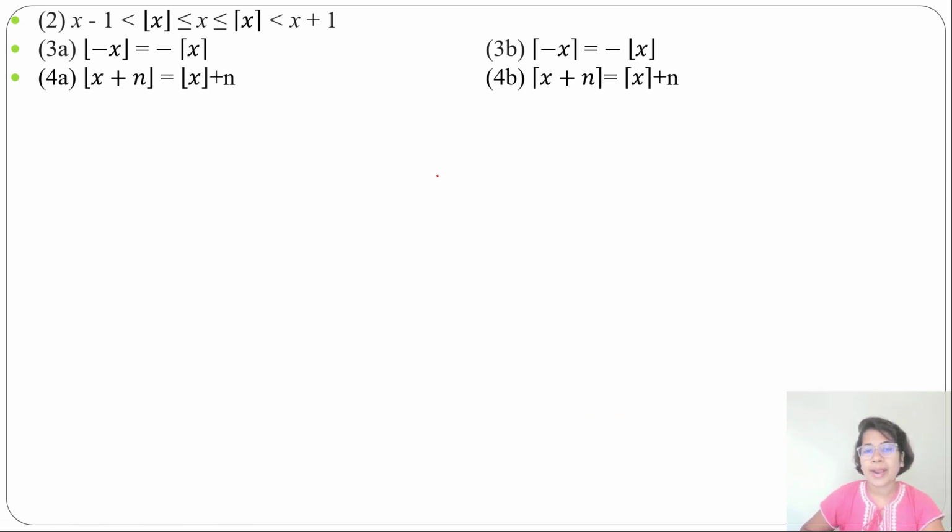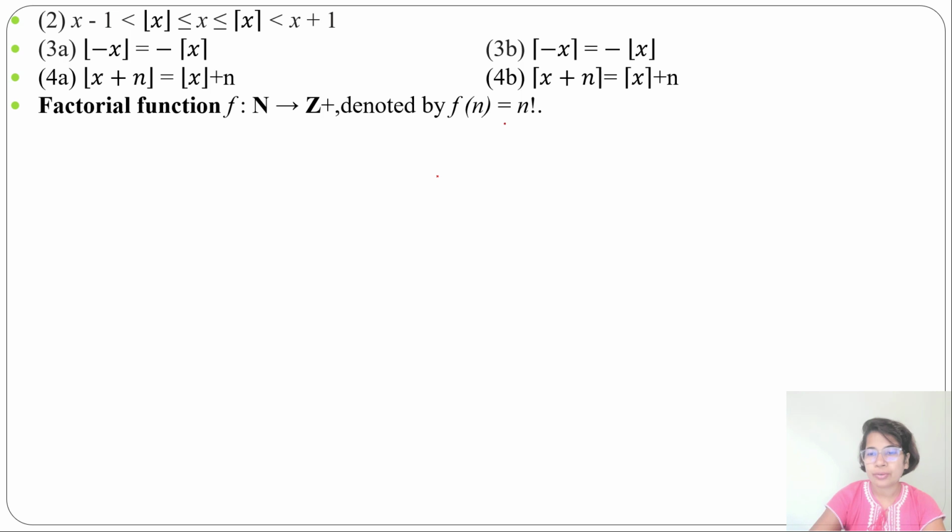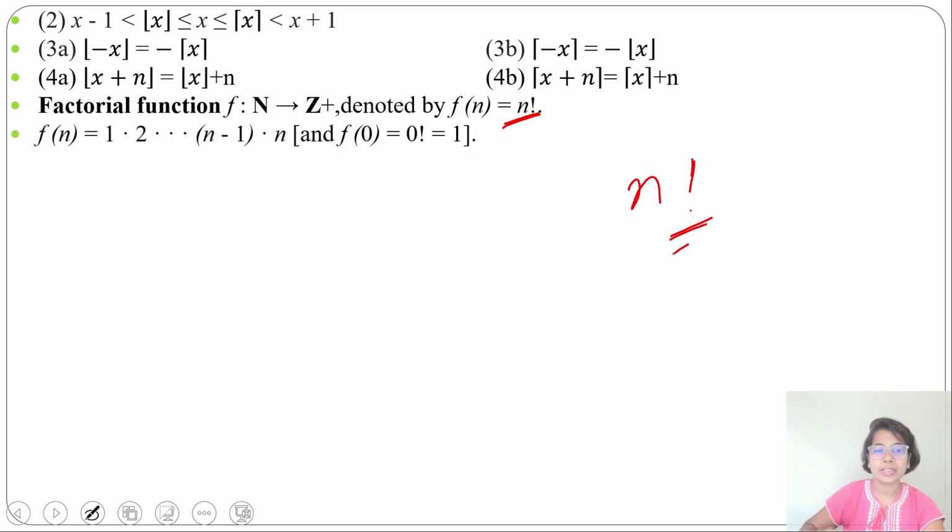Next function is the factorial function. Factorial function we can represent like this, n factorial. This notation is for n factorial. 1 factorial is 1, 2 factorial is 2 multiplied by 1, 3 factorial will be 3 multiplied by 2 multiplied by 1. Here 0 factorial equals 1.